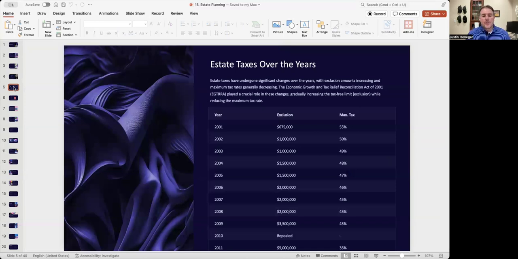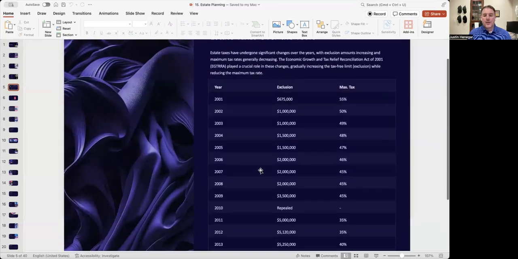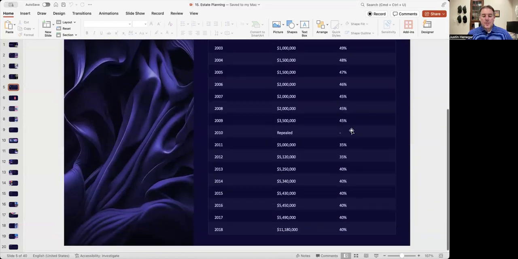Here's a little bit of a chart that shows you how estate taxes have changed over the years. So you can see that in 2001, the exclusion was $675,000, and anything over that amount was taxed at 55%. And as you see here, the exclusion has continued to rise, and we stopped this at 2018, in which the exemption amount was $11.1 million, and the value over that amount would be taxed at 40%.